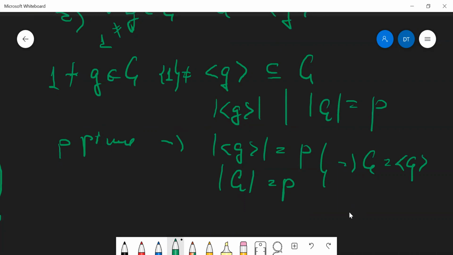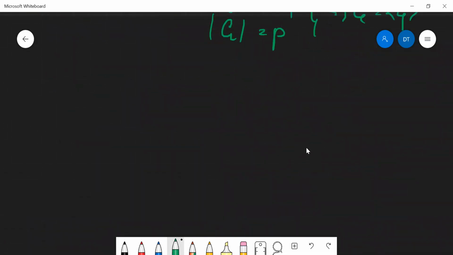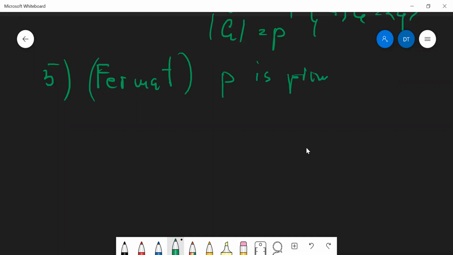And now I have 2 minutes for the last corollary. It's called the little Fermat theorem. So the corollary number 5. It says: let p be a prime number, and a is an integer which is not divisible by p.